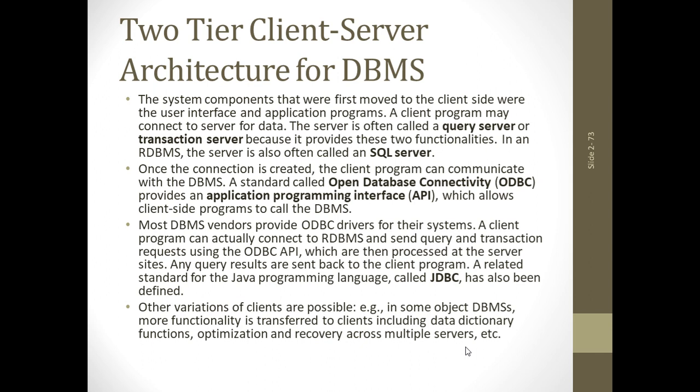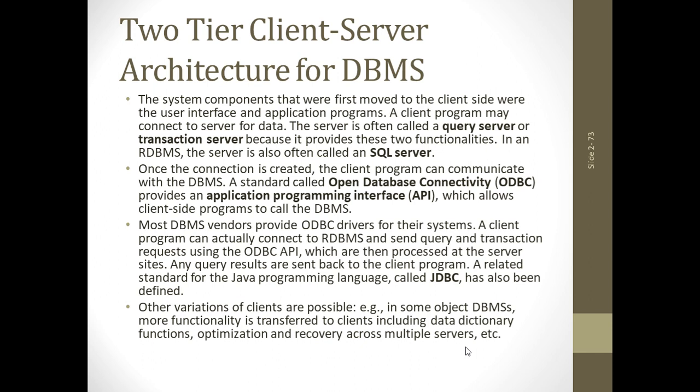Now let us understand what is the two-tier architecture for DBMS. So in two-tier architecture for DBMS, we have the user interface. So the client will interact with the server for data. The client will have the interface with which it can interact with the server for the data.